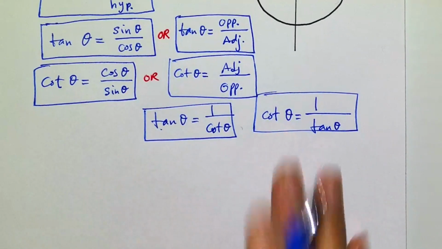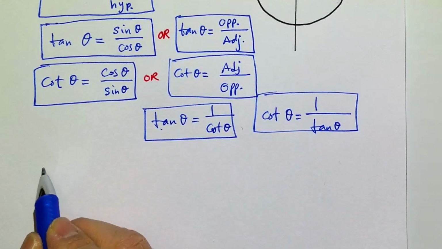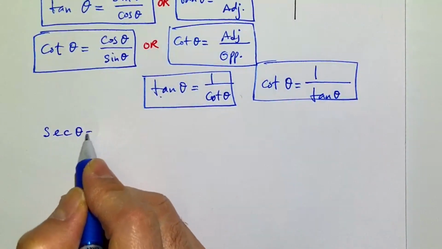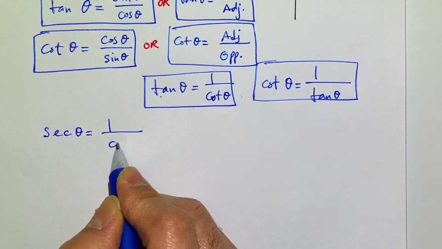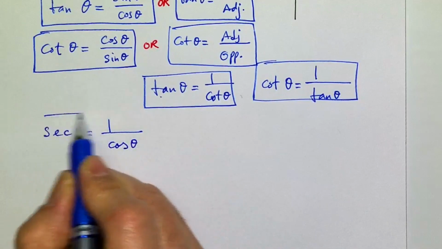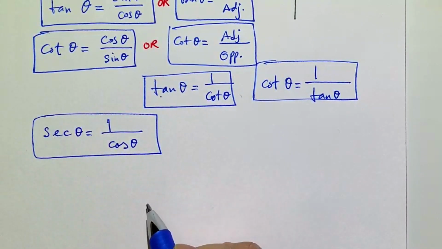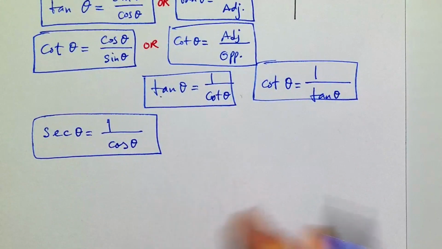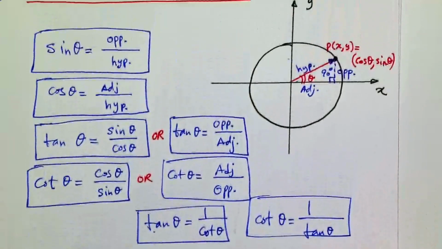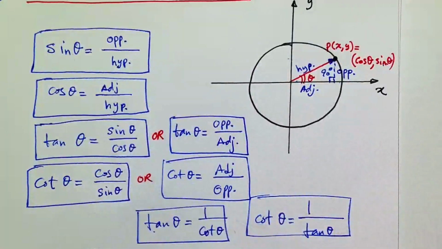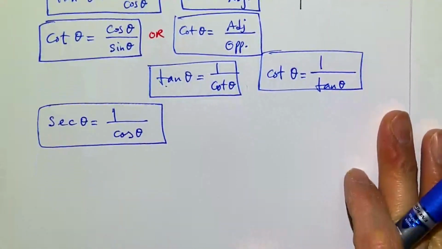So this secant function is the reciprocal of the cosine function. 1 over the cosine function will give you the secant. I think you already see how important it is to know how to calculate sine and cosine, because everything else can be calculated based on those.